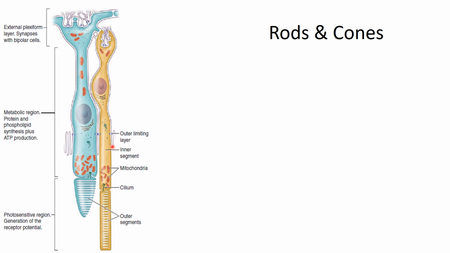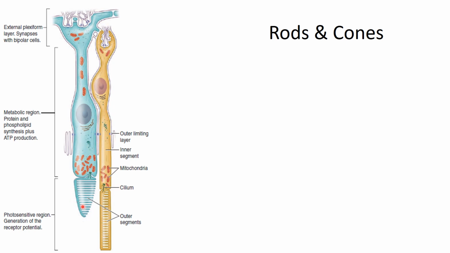Now a little bit about the photoreceptor cells, rods and cones. These are rods, with a rod-shaped terminal portion, and these are cones, with a spine-shaped terminal portion or outer segment. These photoreceptor cells are long cylindrical cells, and rods are more in number and are found around the periphery of the retina, whereas cones are in the center of the retina.